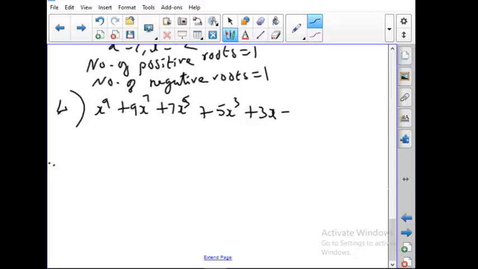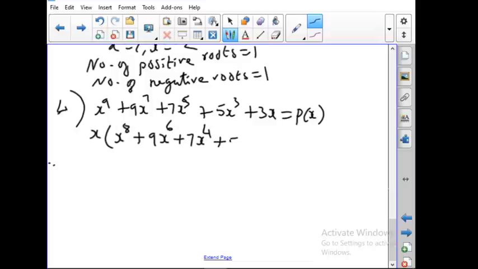Take this polynomial as p of x. Here we can take x out. So when you take x out, it is x power 8 plus 9x power 6 plus 7x power 4 plus 5x square plus 3.